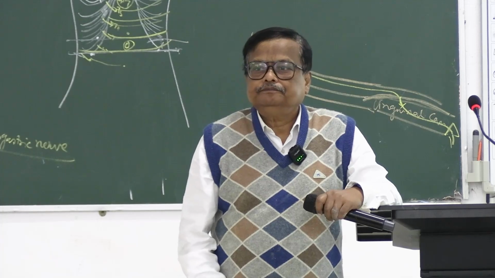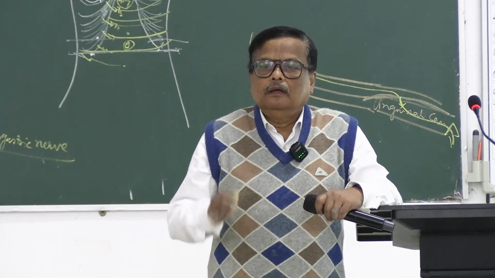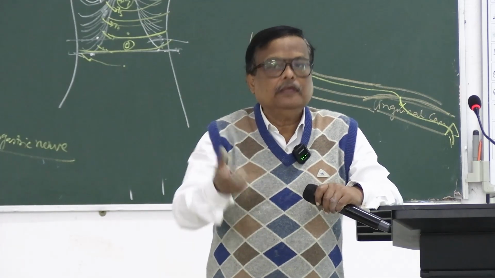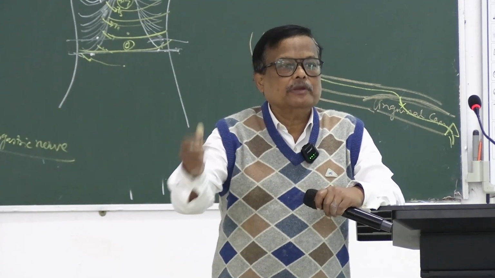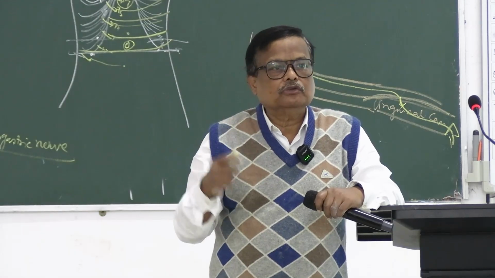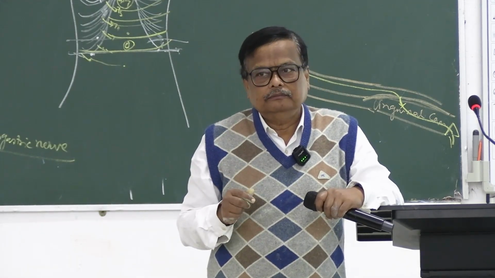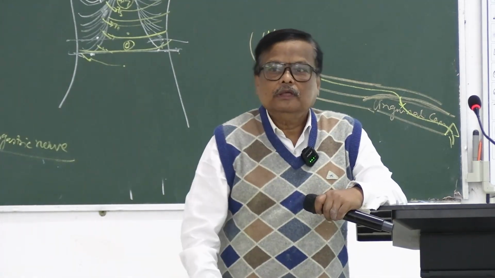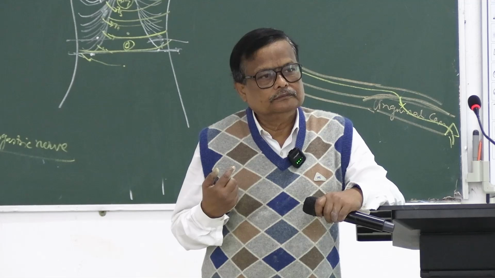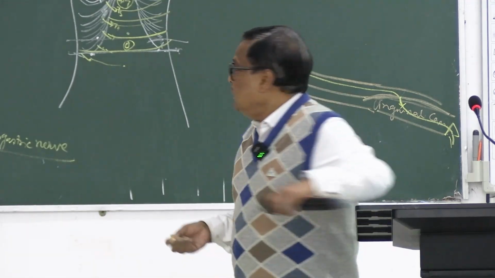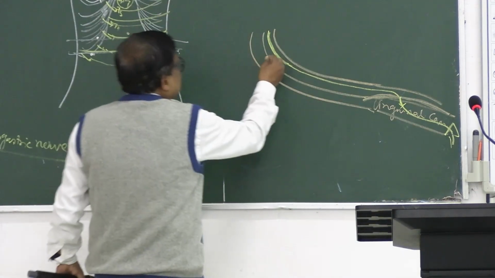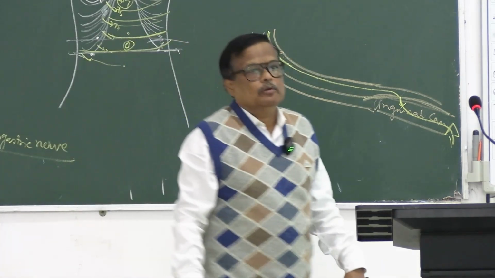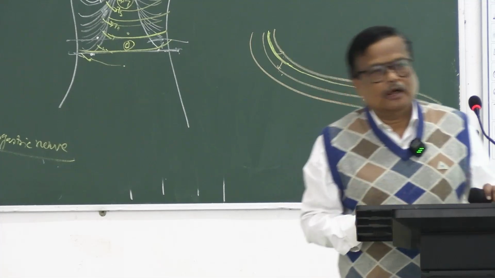Supply means carrying the sensation of pain, touch, temperature, heat and cold through this branch to the brain, for the anterior skin and also the medial side of the thigh. If you pinch here, the ilioinguinal nerve will carry it and reach the brain. While passing here, this ilioinguinal nerve also supplies the internal oblique and the transversus abdominis. So it is a mixed nerve.